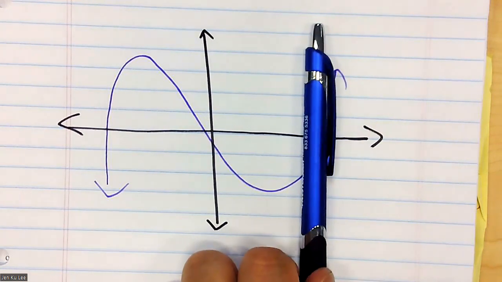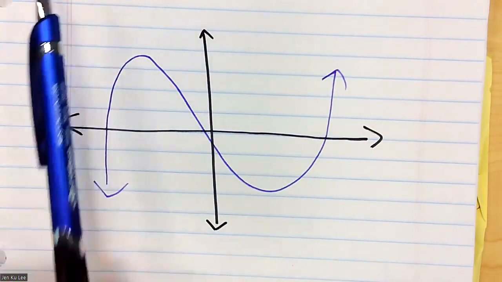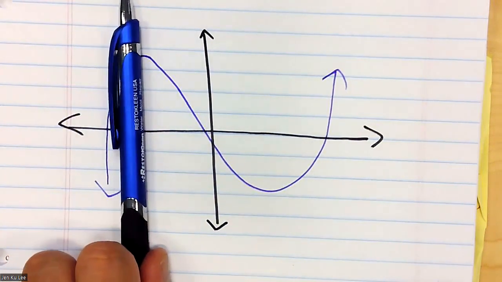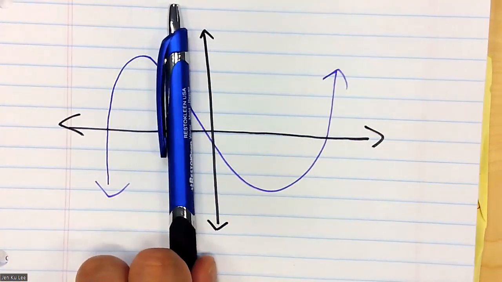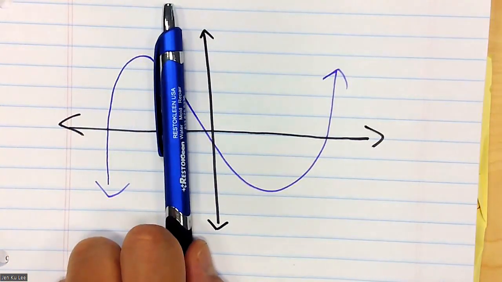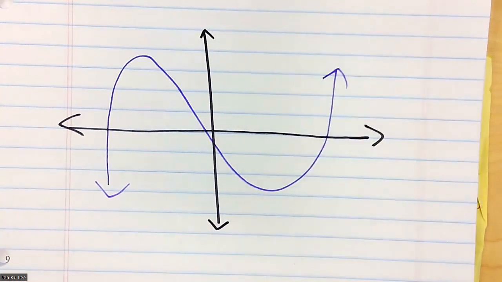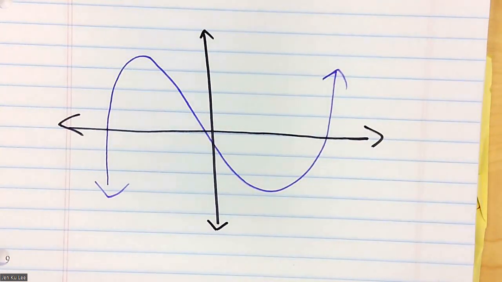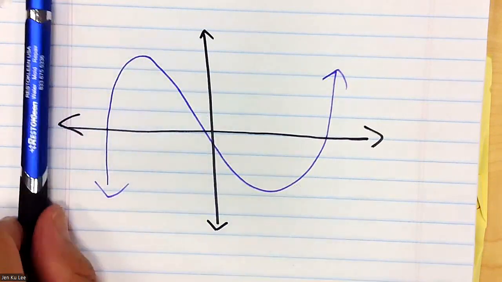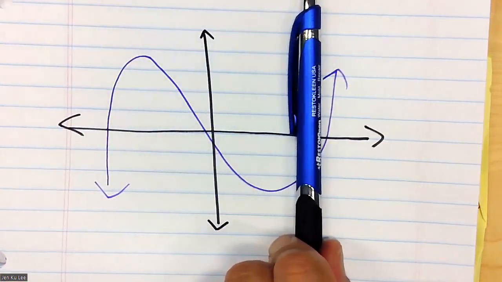Can anyone explain why I'm holding my pen vertically and scanning through the graph? And if at any point it hits my pen more than once, it's not a function. Okay? It's like going through a metal detector, right? If it hits it more than once, it's not a function.